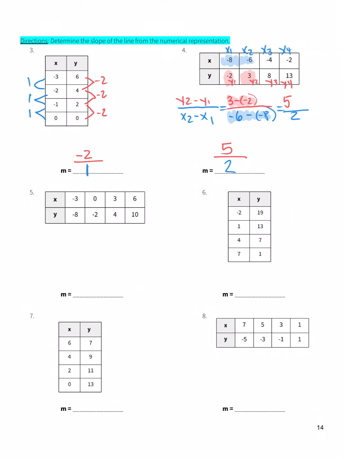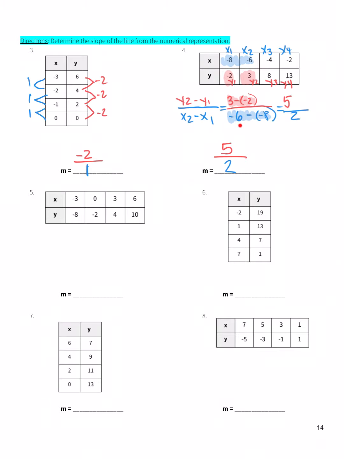Okay, hopefully you tried these on your own and you got the same answer as me. Negative 2 over 1 and 5 over 2. It doesn't matter what method you used. I simply used this method for this problem because I had more room over here for this problem, okay?